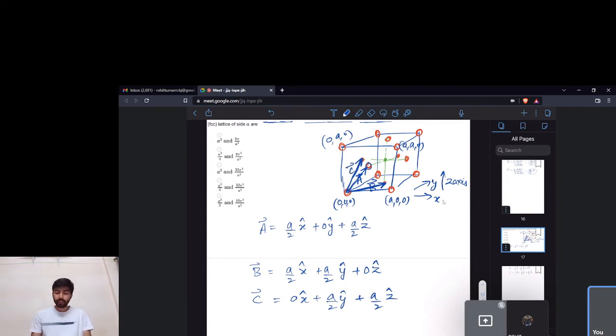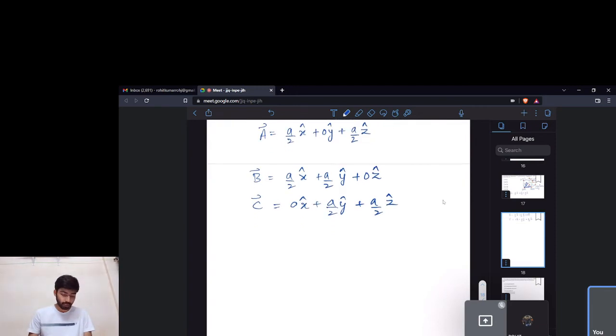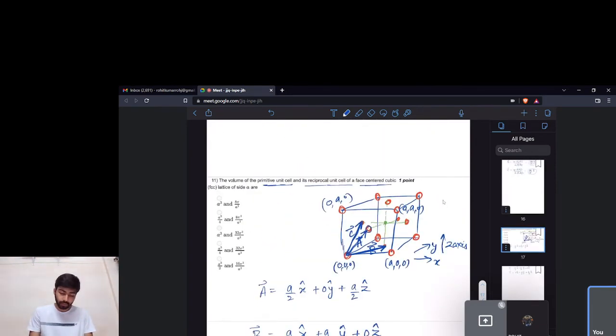Now using these three primitive vectors out of an FCC, we can find out the volume of this primitive unit cell. We have done that.